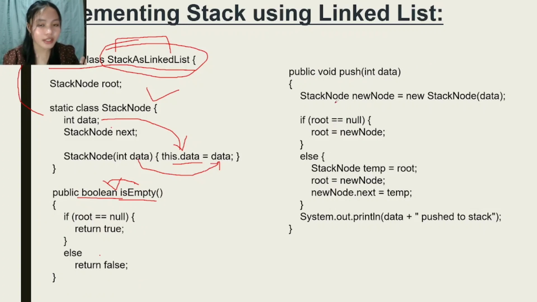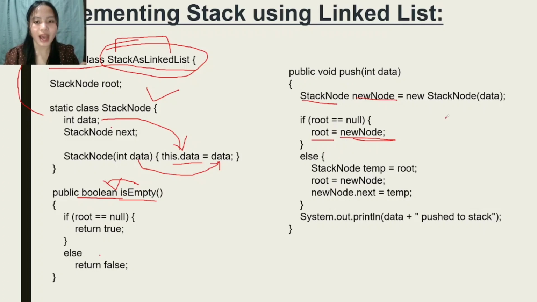So we created an instance of a class stock node with new node. Then we check first if the root is equal to null. Since root is equal to null, because we haven't pushed yet any element or data to our stock, our root will be the new node.